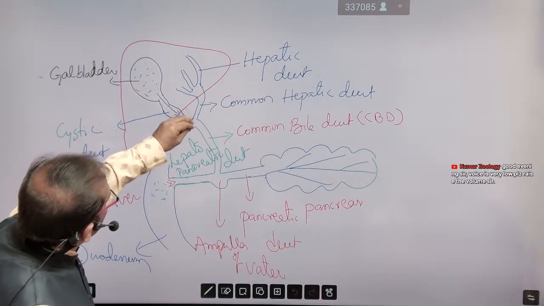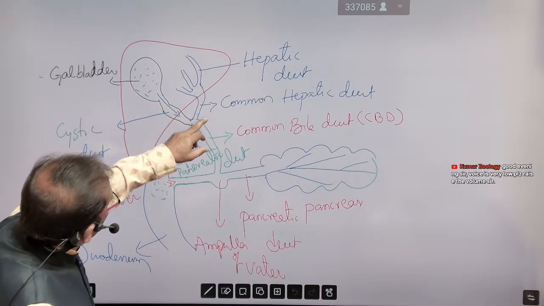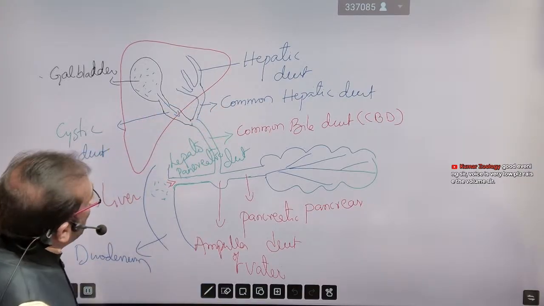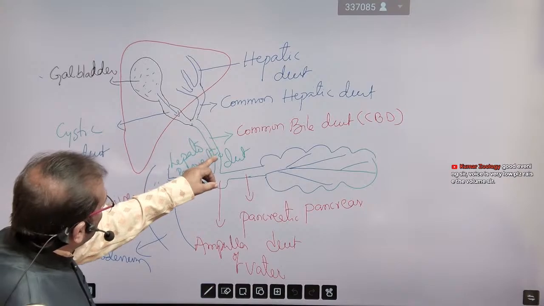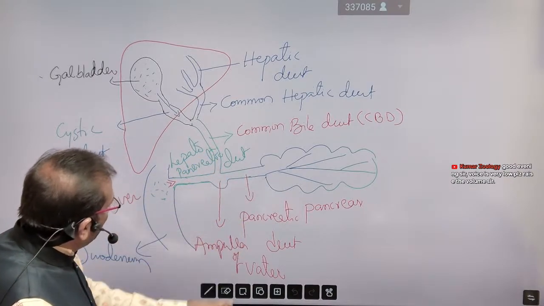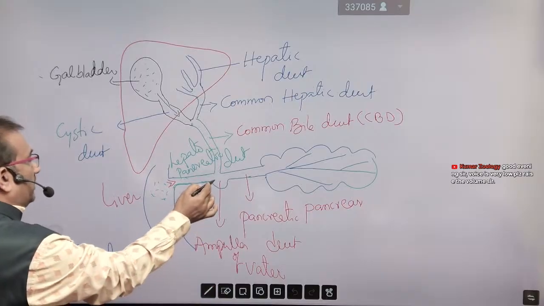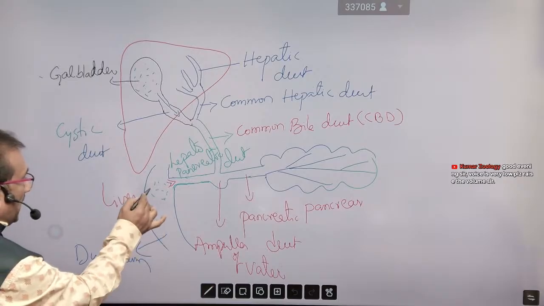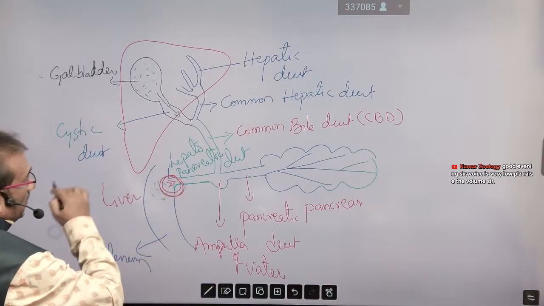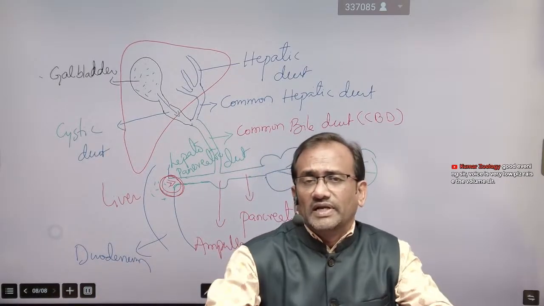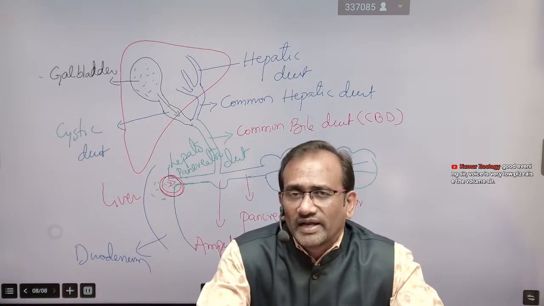The cystic duct opens into the common hepatic duct and collectively forms a single common bile duct, and the common bile duct opens into the pancreatic duct. The place is called the ampulla of Vater, and from this ampulla of Vater, the tube is called the hepatopancreatic duct, and it opens into the duodenum, and here there is a sphincter guarding it. That sphincter's name is your homework, and tell me tomorrow.